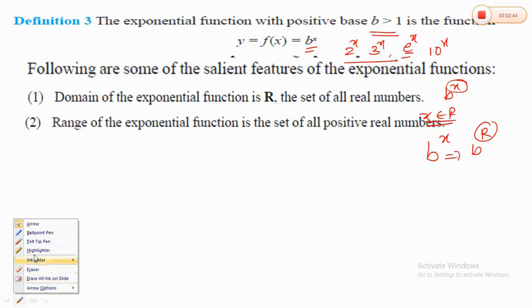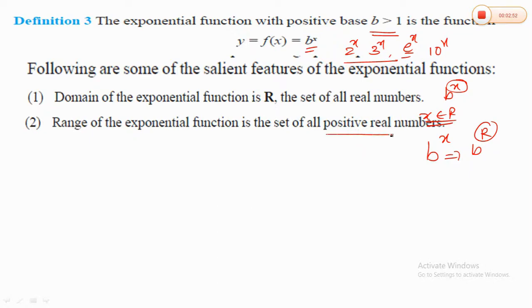The range is the answer after putting the value of x in f(x), and the answer is always a positive real number. As we know, b raised to x, where b is greater than 1, may be 2 or 3 or 4 or 2.5, whatever it may be.